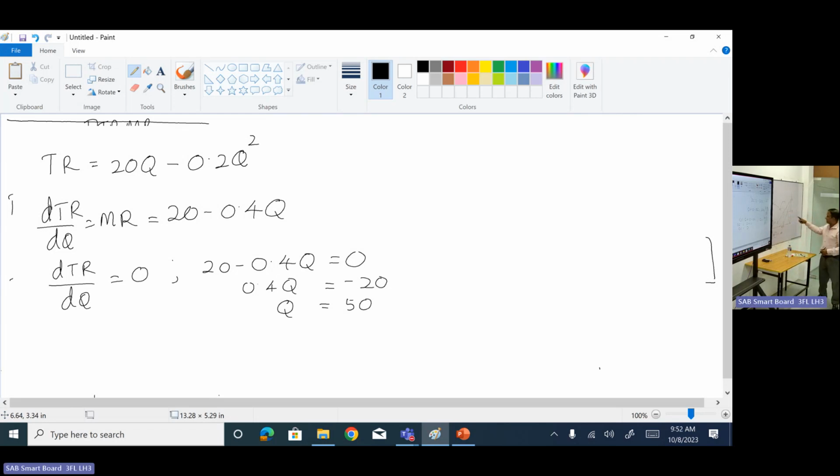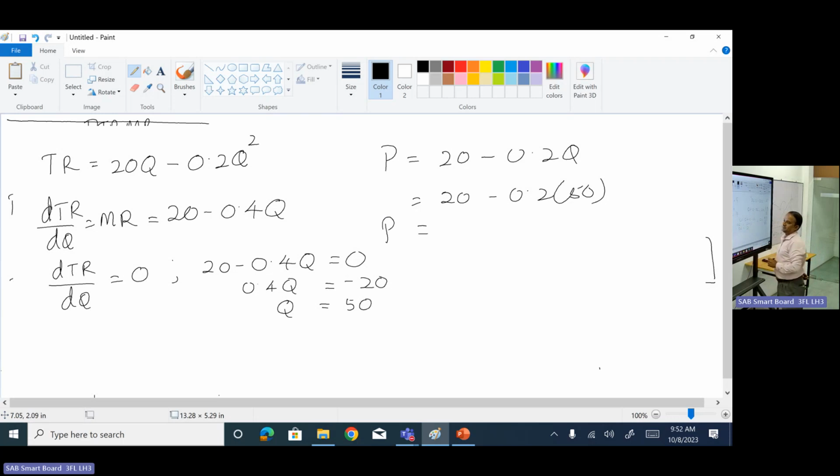And the price. How much is the price? We have the price function, 20 minus 0.2Q. Substitute 50.